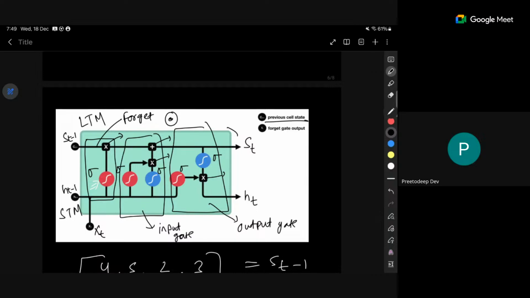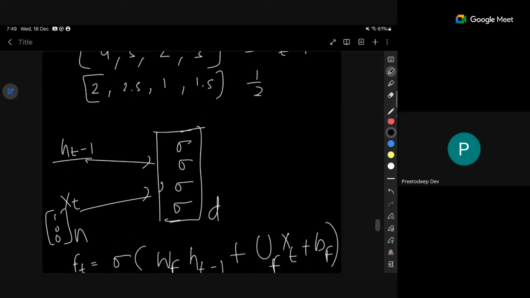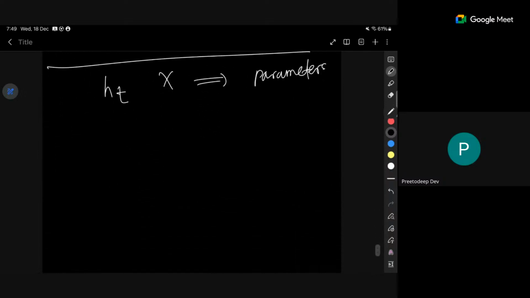Okay, so just in case, if you want to do element wise multiplication, then ST and HT should have similar dimensions, otherwise it will not work. So both of them will have similar dimensions. So if ST or HT, any of them, is given to you, then consider that to be the dimension of the output.